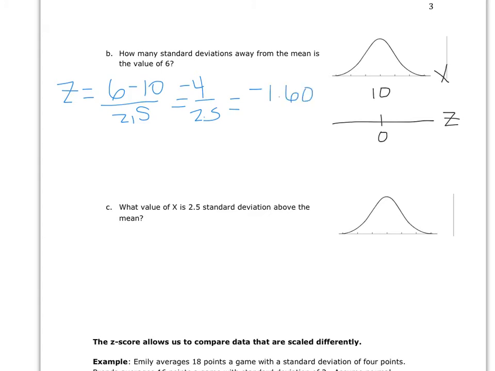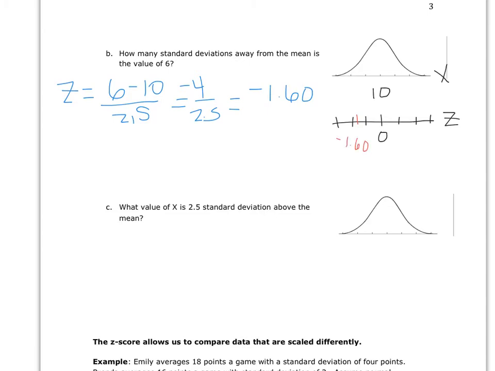Okay, one thing I should say is these little marks that we have on the horizontal axis, at least for a z, those represent standard deviations. So if we want to put that negative 1.6 on there, we got it right about there. That would be the negative 1.6.